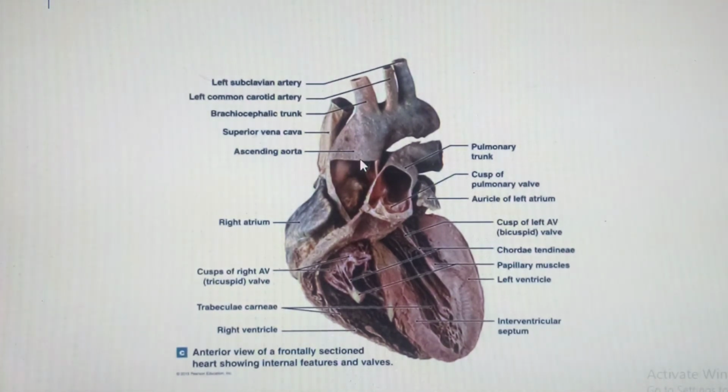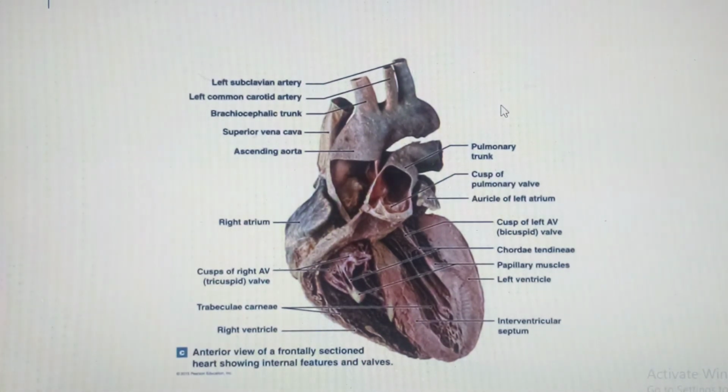Apart from that, there's going to be what we call stenosis of the pulmonary valve. The pulmonary valve that we saw, yes, there's going to be stenosis, narrowing of the pulmonary valve. If there's narrowing, then as the right ventricle contracts, less blood will get into the lung for oxygenation.